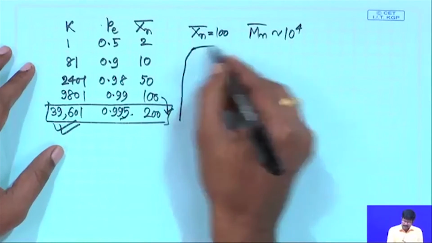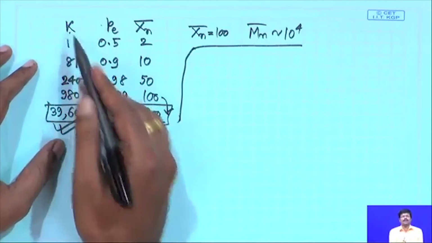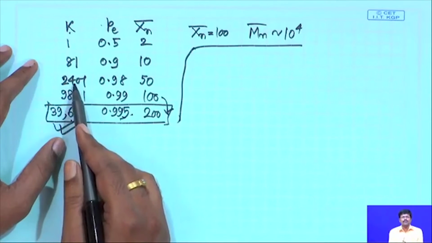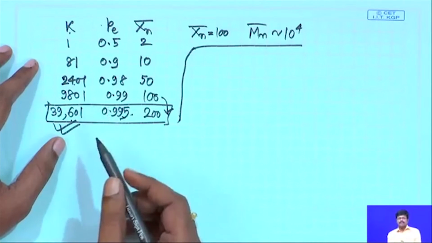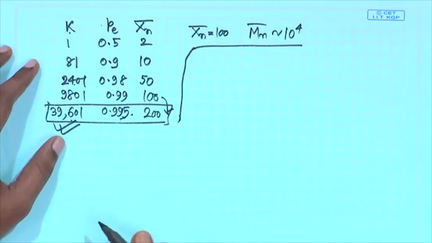So, for a reaction to be successful in a closed situation, your equilibrium constant has to be very high, at least in this range. It cannot be even say 3000, 4000, your Xn bar is not good enough. So, let us look at what are the typical K values or equilibrium constant values for your typical step polymerization reactions.